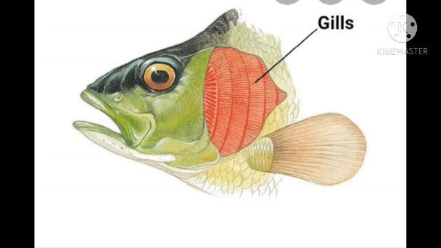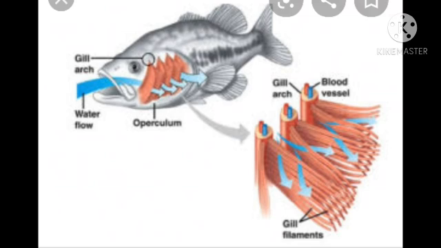Next organ are gills. Most aquatic animals such as fish use special organs called gills for respiration. These gills are made up of a large number of thread-like structures called gill filaments. These filaments are richly supplied with tiny blood vessels called capillaries. As our alveoli are covered, in the same way their gills are covered with small blood capillaries.